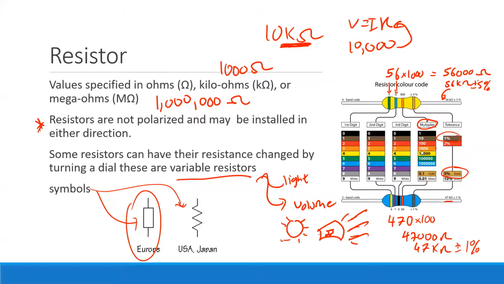So it's going to be 21,000 ohms. And then you look on the packet, and the packet for this particular one says it's 330 ohms, plus or minus 5%. So that means that brown at the end was actually gold.